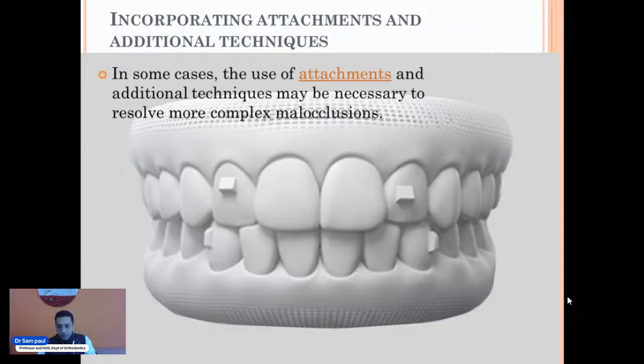Another important thing you're supposed to do is something known as attachments. You have to incorporate attachments. Can you see these blocks here on the labial surface of the teeth? These are known as attachments. These attachments provide additional support for aligners, enabling controlled tooth movements like rotations, extrusions, or intrusions.